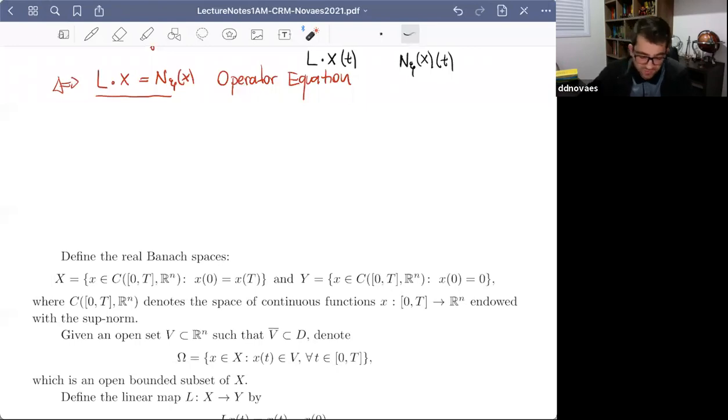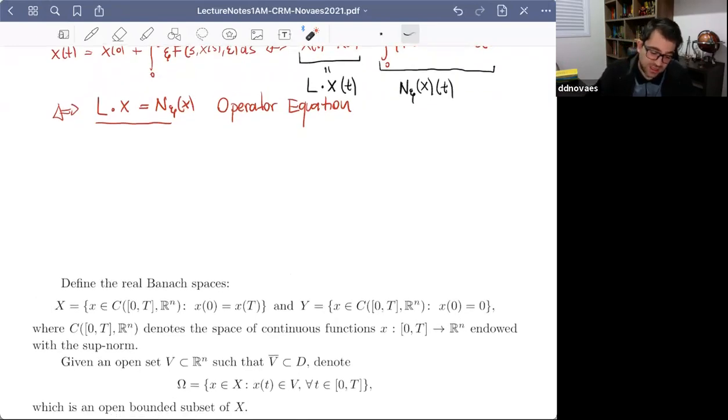So if we find a solution for this operator equation inside the set, then it can be continuously extended to a periodic solution of the difference equation. And that is the key for using this approach.